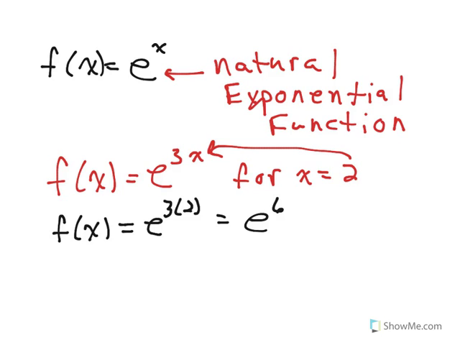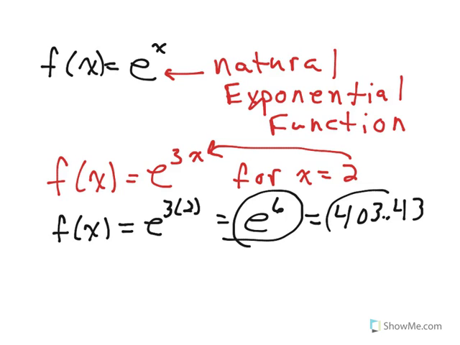Using your calculator, type in e to the power of 6, and that gives us 403.43 rounded off to hundredths.